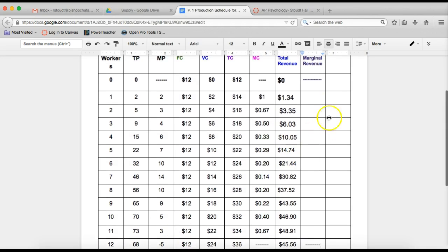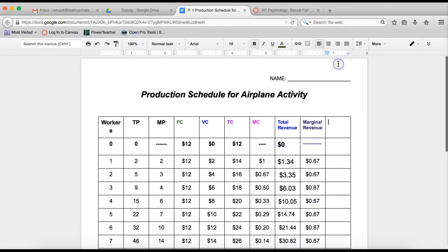So the rest of them, you can fill in 67 cents, and go all the way down. I'm just going to copy and paste this. So 67 cents all the way down, so it doesn't matter how many workers we have. All of our airplanes cost 67 cents. So now I have that filled in.